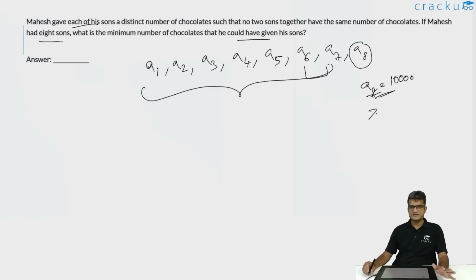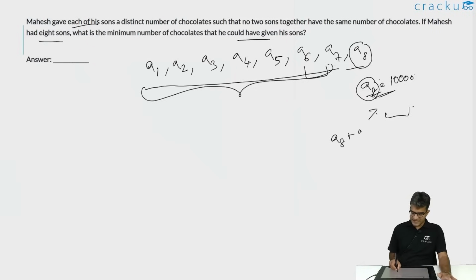Then you can say for certain that if this property is holding true for the first 7 numbers, by adding a very large number to this, the property will still hold true, because if you are picking A8 as one of the 2 pairs, that itself will be greater than the sum of any 2 pairs. For example, A8 plus say A1 will definitely be greater than A7 plus A6. Why is that the case? Because A8 itself is greater than A7 plus A6.